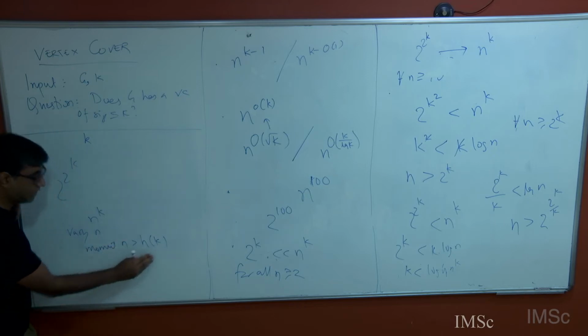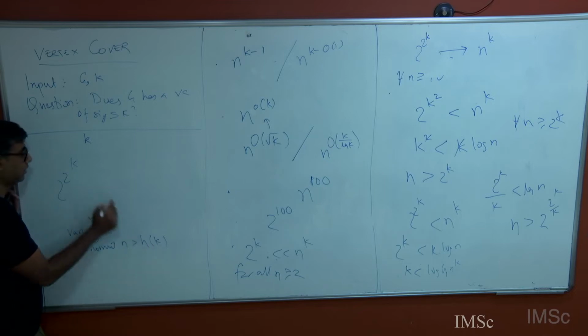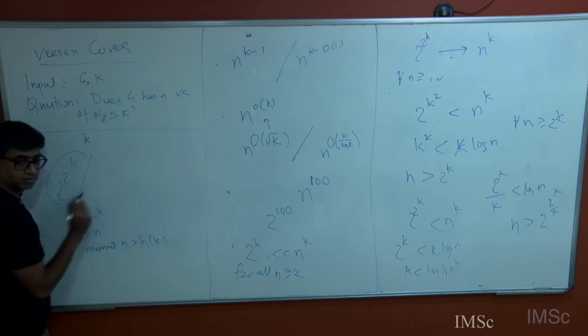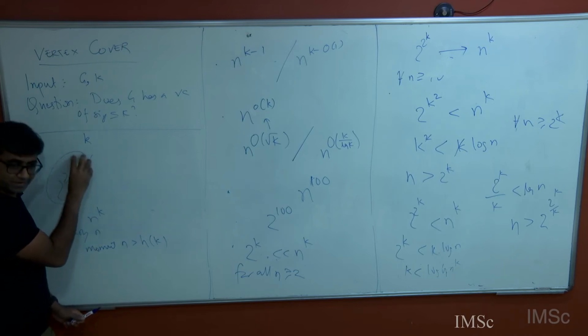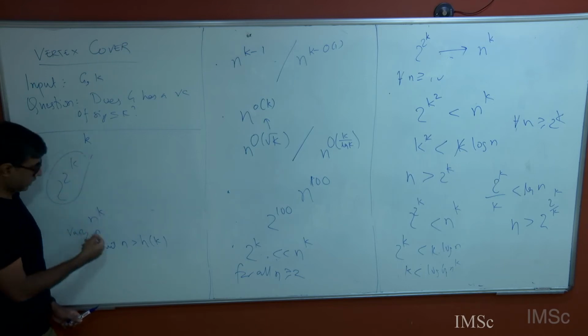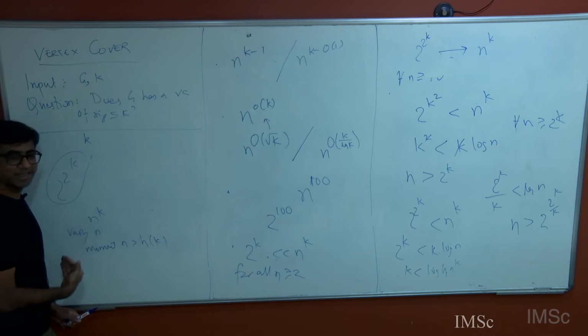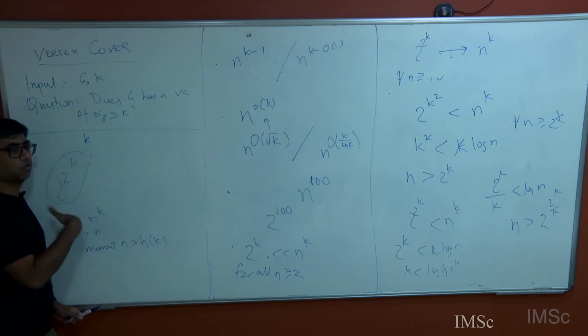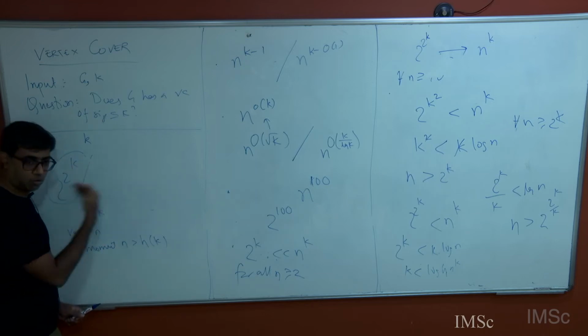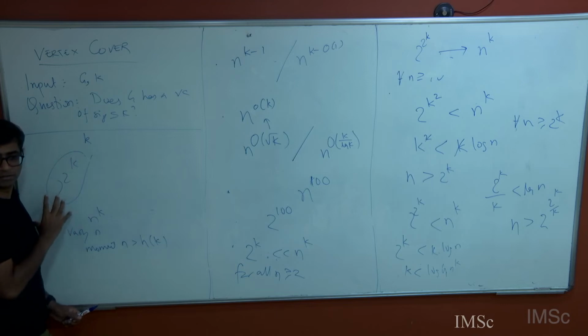The moment n becomes more than that, this becomes smaller than this. And this is okay because you have fixed k, and what are you varying? You are varying n. So ultimately this has to overpower this.